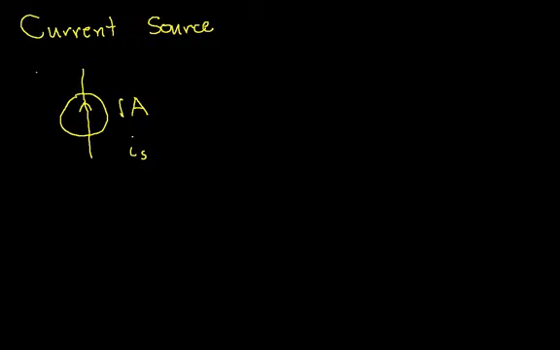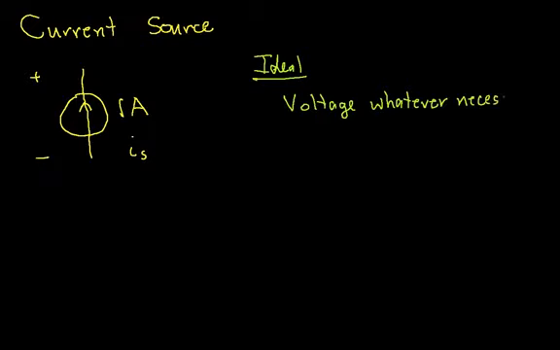Now, this current source will have a voltage across it, and the idea behind an ideal current source is it will make the voltage whatever's necessary to have the current be 1 amp.